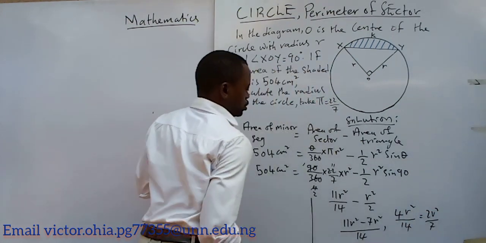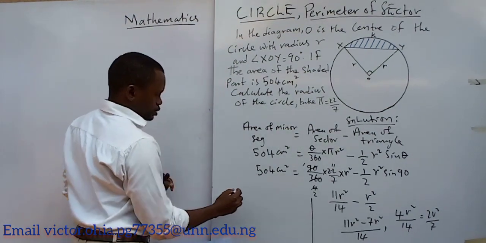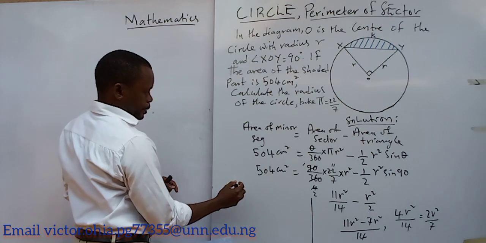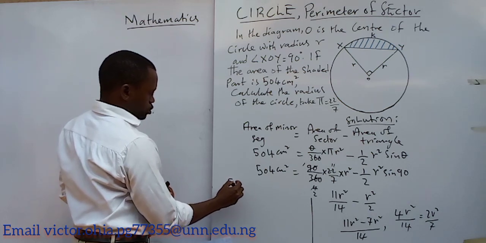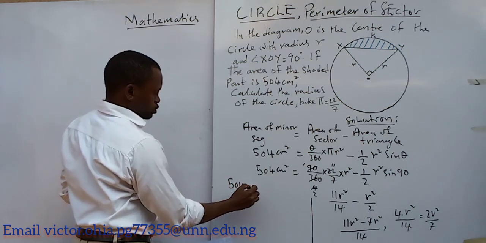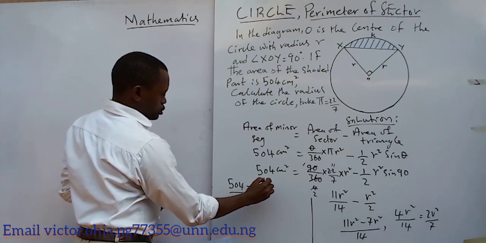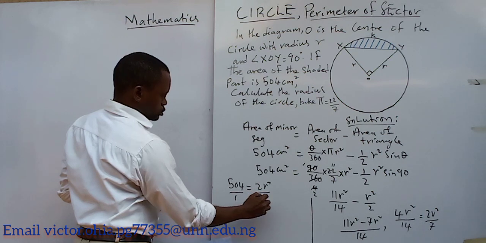over 7. So I can come over here and say, having obtained this value from this side, 504 is equal to, let me make it over 1 so that I can have that 2 r squared over 7.